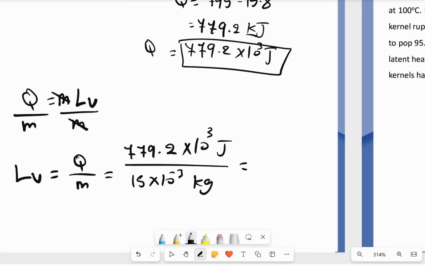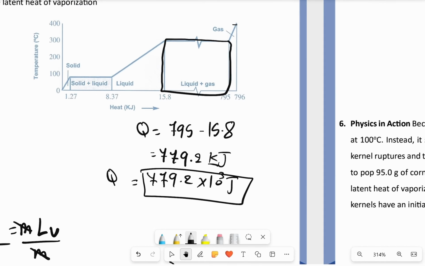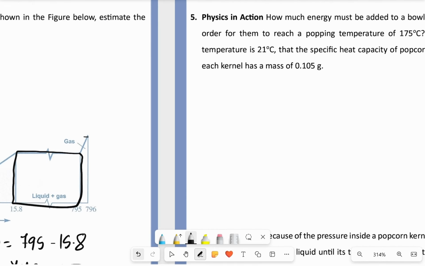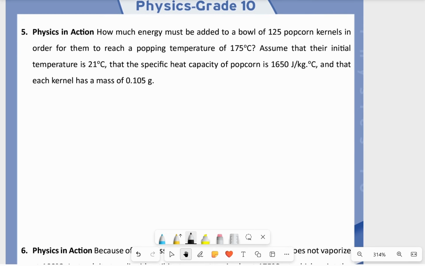This is equal to 5.2 times 10 to the power of 7 joule per kilogram. This is the latent heat of vaporization. Okay, we have question 5.